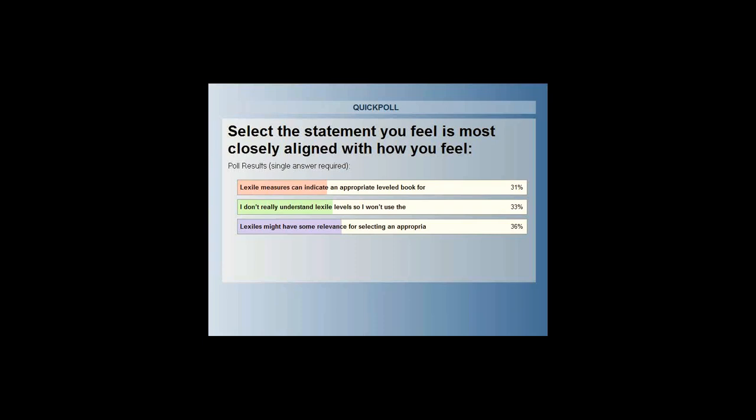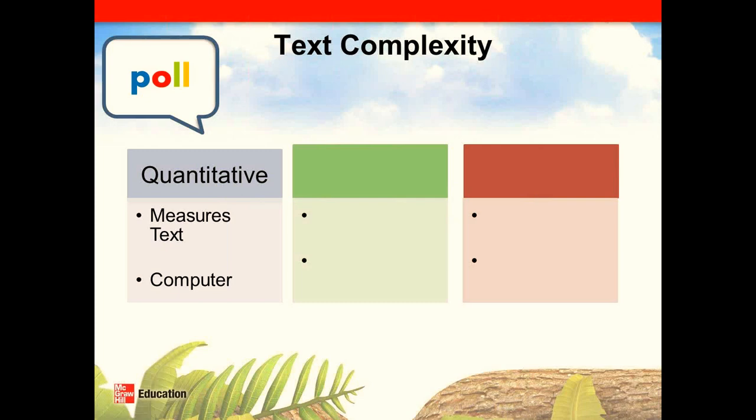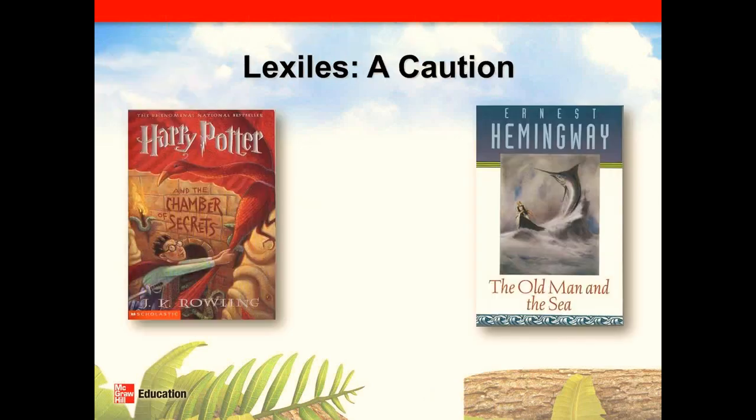So some of you are very familiar, but with all readability formulas, you must be cautious. And this is precisely why the creators of the Common Core State Standards don't want us to rely only on one factor to determine a book's complexity. Here is a classic example.